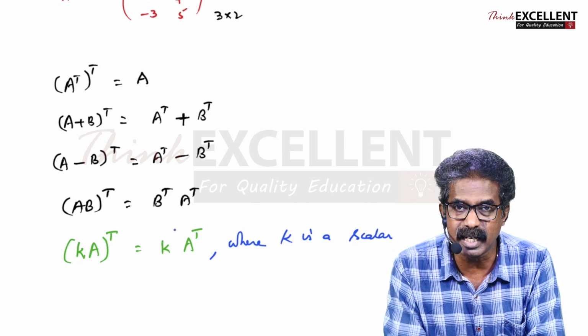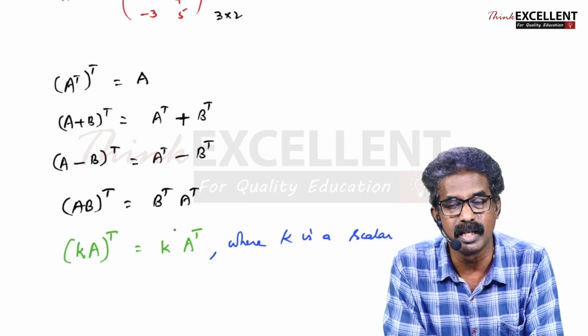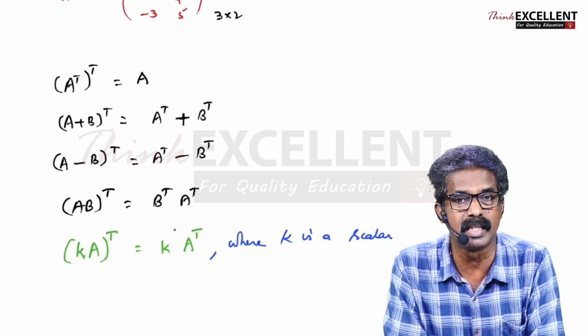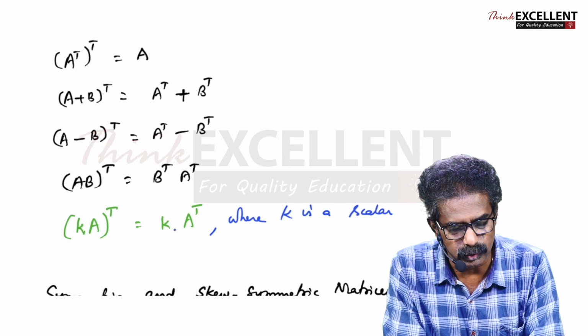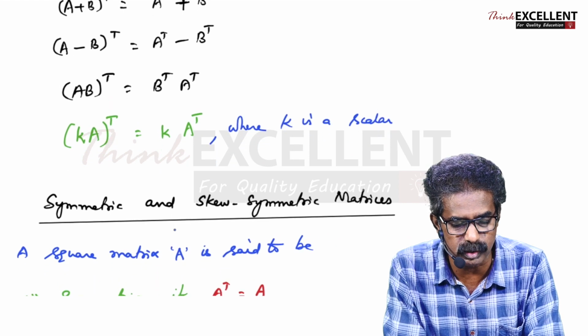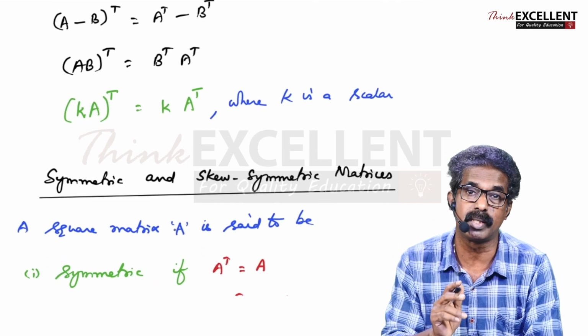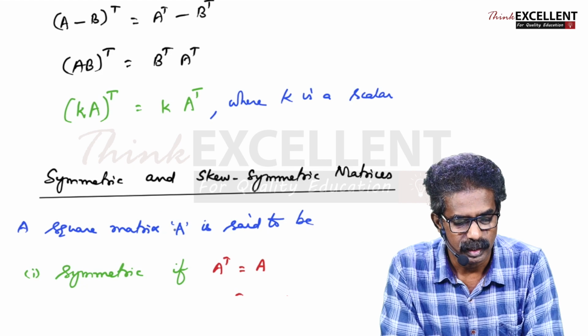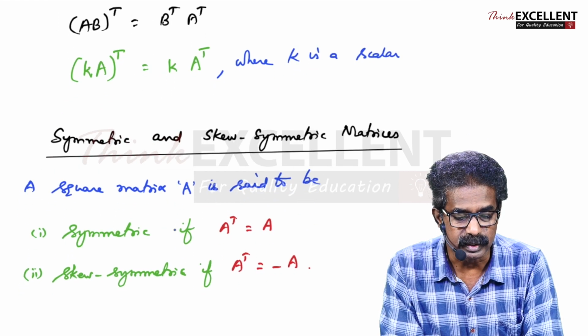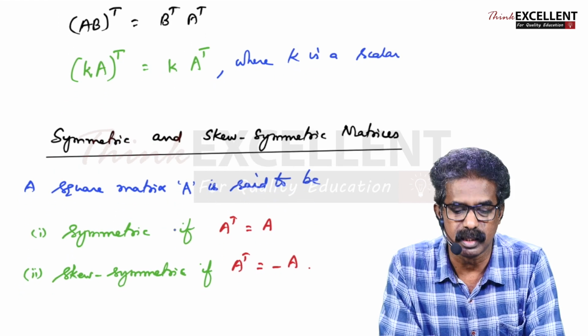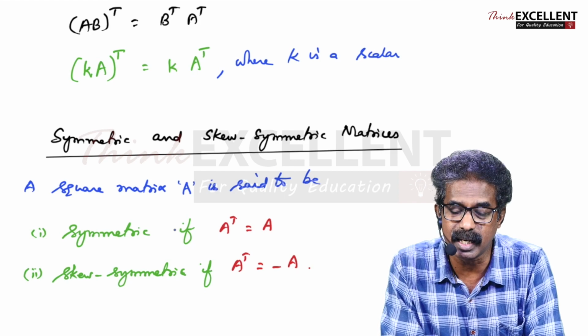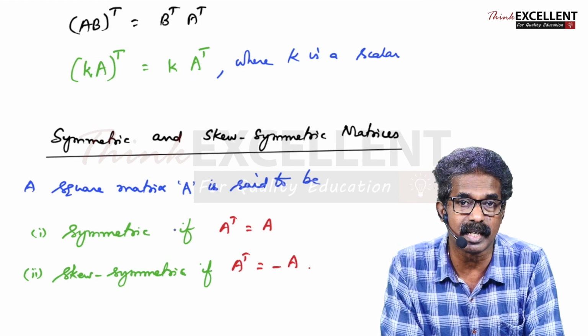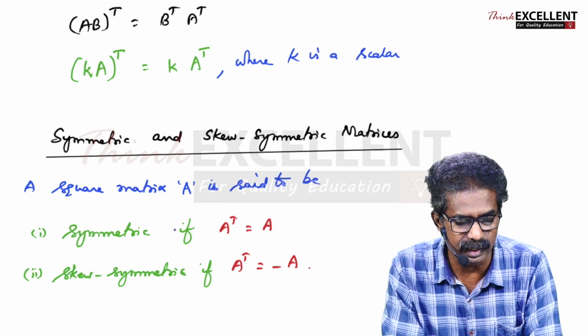If your answer is A itself, we say it is symmetric. If your answer is minus A, we say it is what? Skew symmetric. Okay. To find symmetric and skew symmetric, first of all, the matrix must be a square matrix. A square matrix A is said to be symmetric if A transpose equal to A. It is skew symmetric if A transpose equal to minus of A, right?